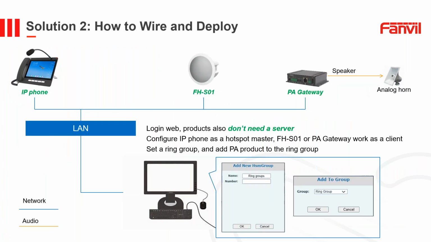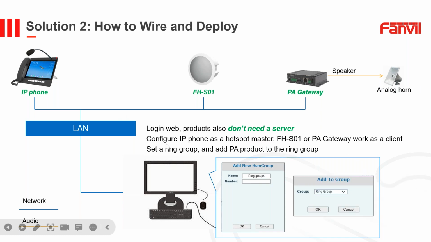So if you choose solution 2, you need an IP phone, and you also need to make sure the IP phone and the public address endpoint are in a local network, and you get the IP address and log in to the web. Also, those products don't need a server or platform.